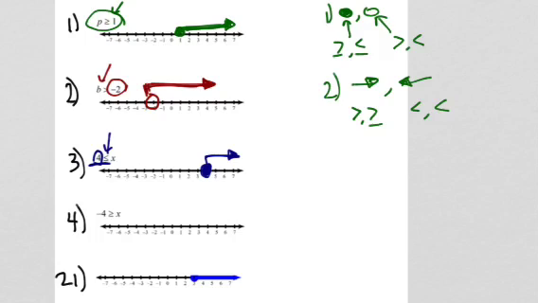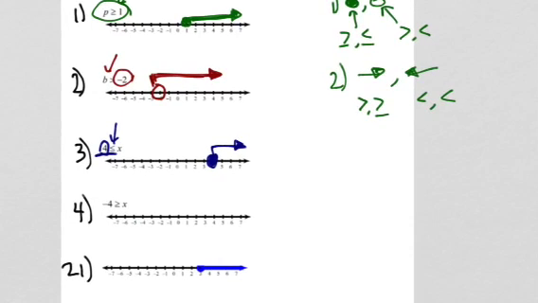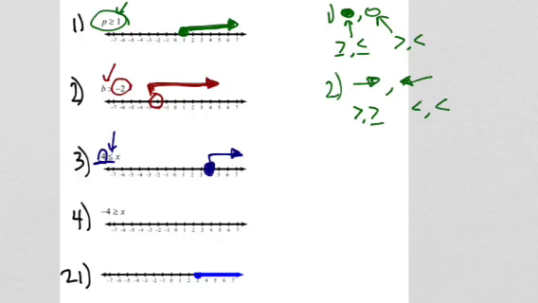So let's try one more of these kind of problems. So number 4, I'm doing the same steps. My first step is to put my circle at the answer number, which in this case would be the -4. Then the next thing I'll do is decide to color it in, and the reason that I'm coloring it in again is because the symbol has the or equal to line.